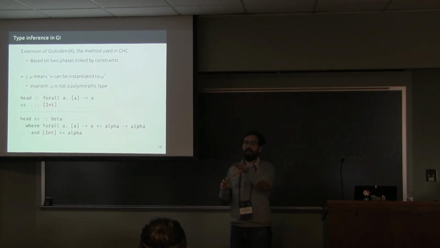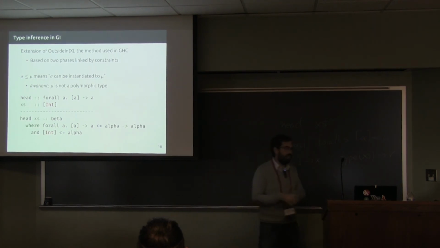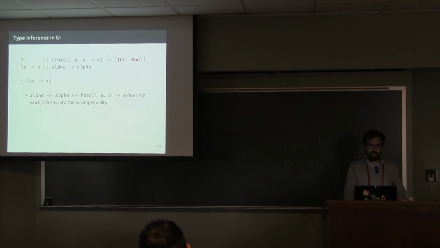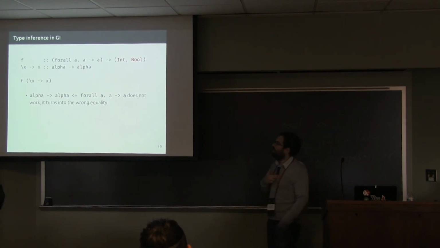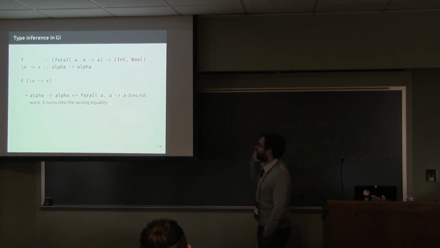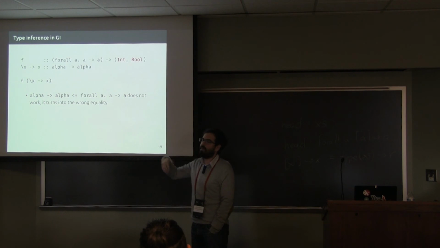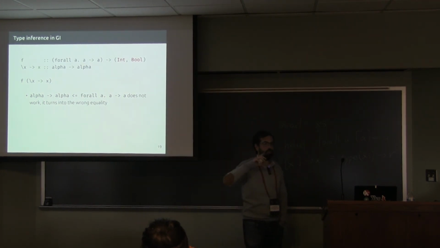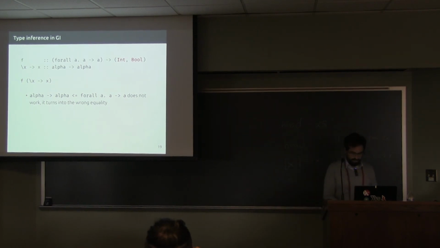So if you give me an empty list and I require a list of int, it's enough if you can turn the empty list into a list of int somehow. It doesn't have to be exactly equal from the very beginning. And this already takes you quite far, but I don't want to go into the details; this is not enough once you introduce lambda expressions. You also need to remember that at some point you can also introduce foralls yourself.